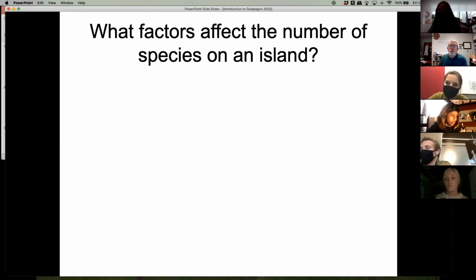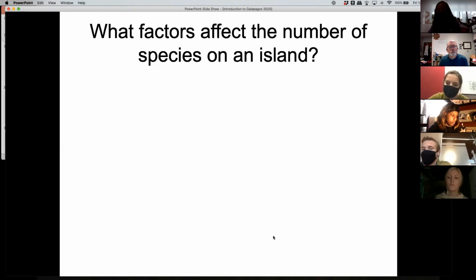So what other things? If they have predators or not, it could influence the population size. Okay, so predator presence or not might influence the number of species on an island. What else? The landscape of the individual islands.